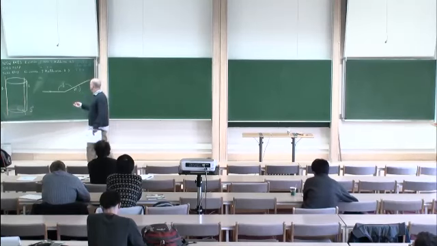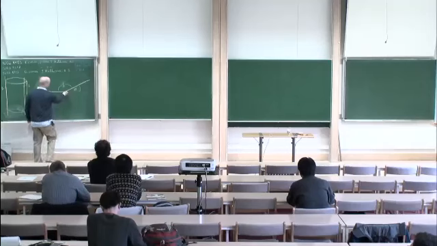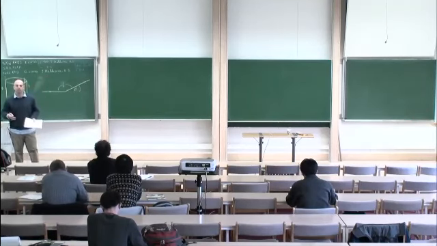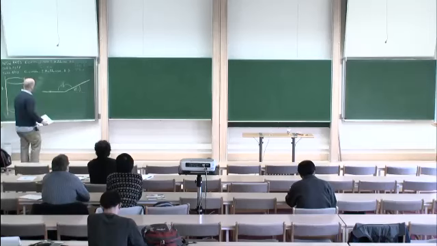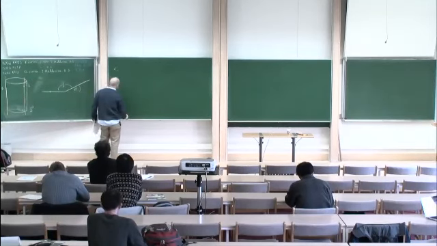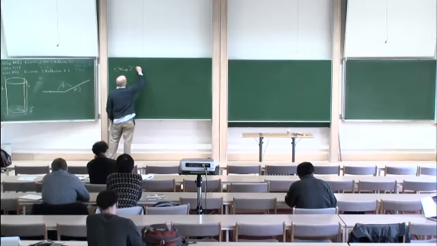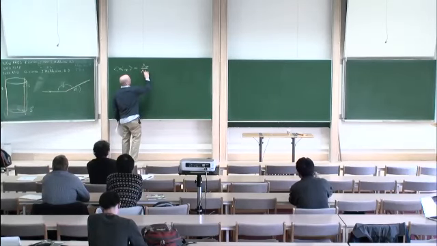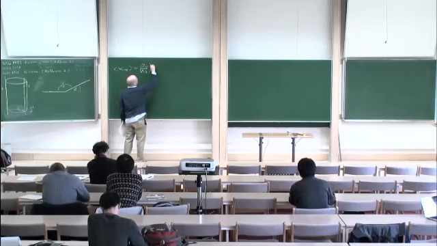Such a Wilson loop would be anomalous under a change in the UV scale or the IR scale. That is, the expectation value of such a Wilson loop with a cusp would go like the UV cutoff divided by the IR cutoff to some power that I'll call gamma cusp.